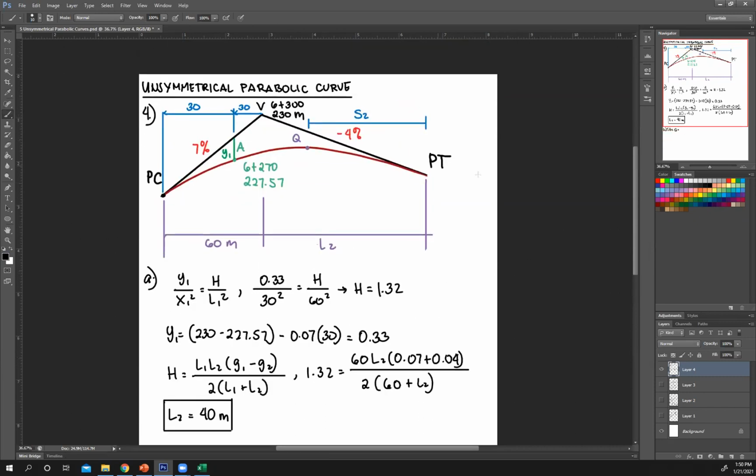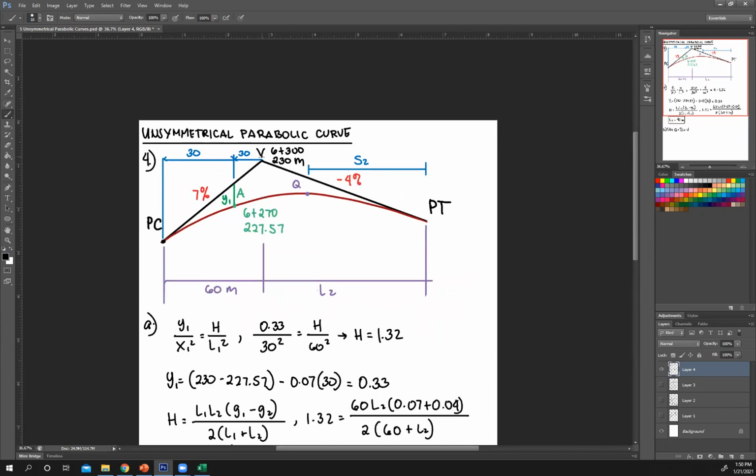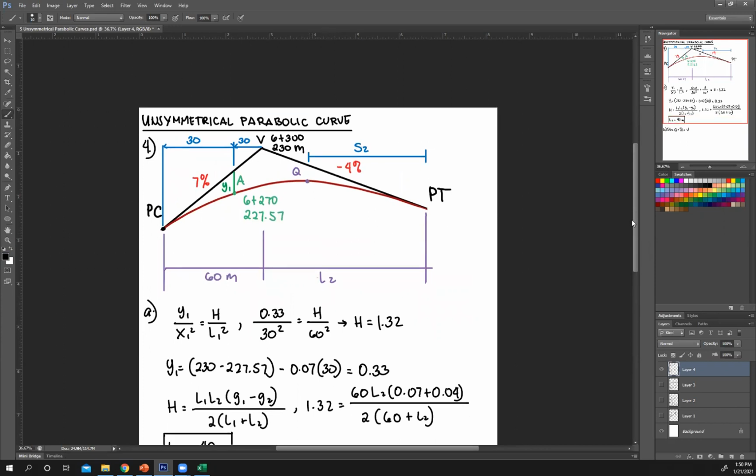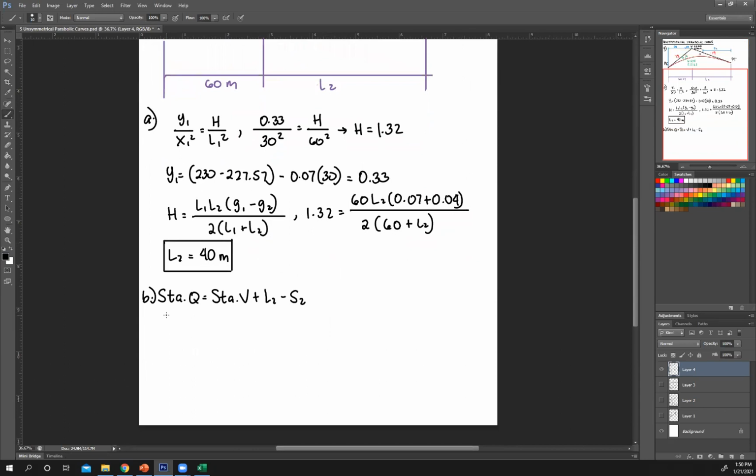You're given station B. So from station B, if I add your L2, I end up at this point, and if I subtract S2, I end up at point Q. So plus L2 minus S2. I already know L2. Now my problem is solving for S2, which is just solve using the equation.